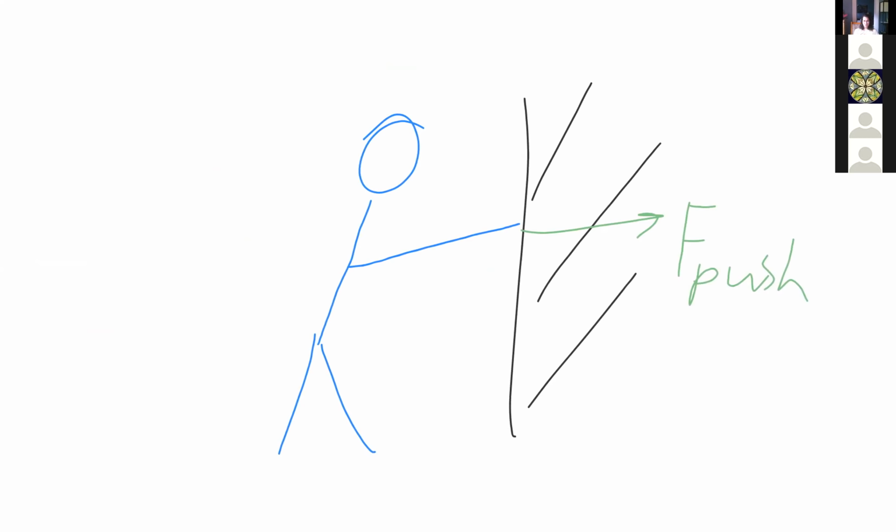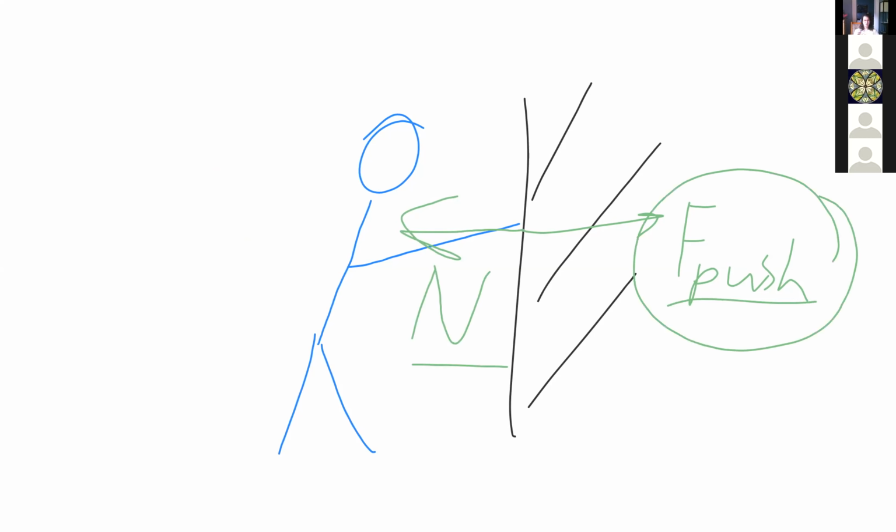That force would cause me to go tumbling through the wall and fall to the ground if it were not for a force from the wall pushing back on me that is equal and opposite. That's the reaction force. That force is called the normal force. These two have to be equal. So if I'm asked to find the force with which I push on the wall when I lean on it, that's the exact same thing as finding the normal force that the wall pushes back on me with.